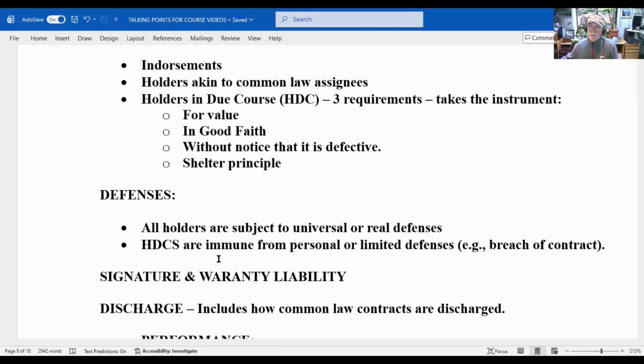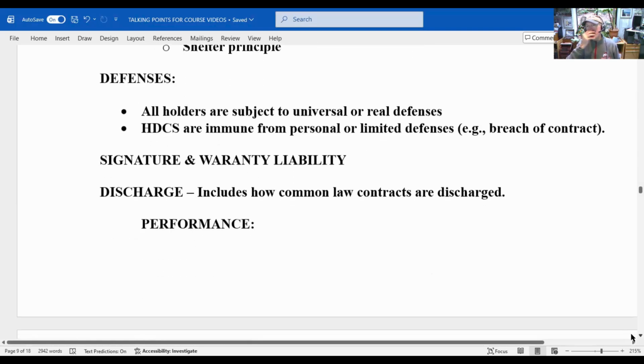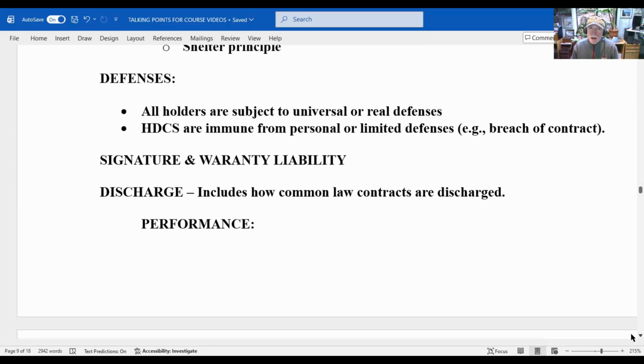So, as with sales law, there are warranties. If you sign a negotiable instrument, you have some risk, because you warrant certain things. If you are negotiating a loan, you are warranting you have title to the loan and have the power to negotiate it.